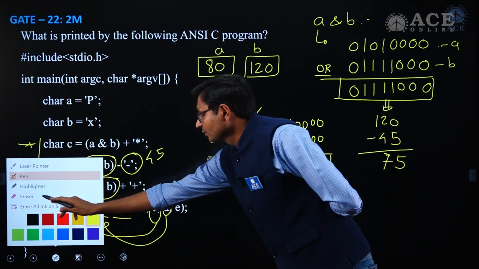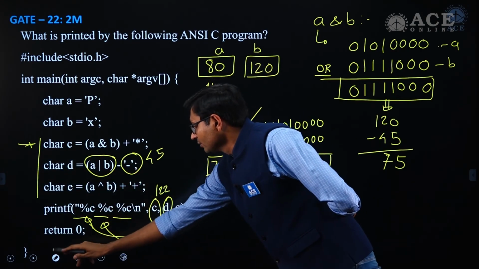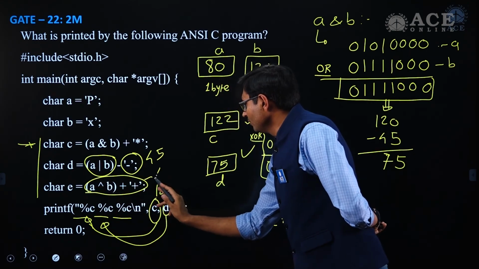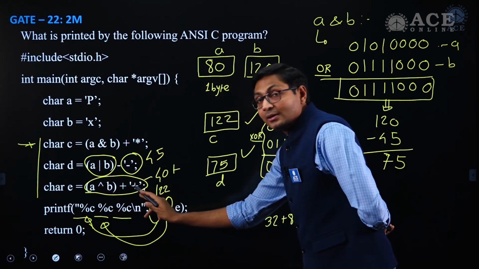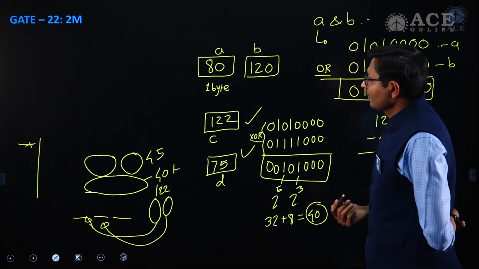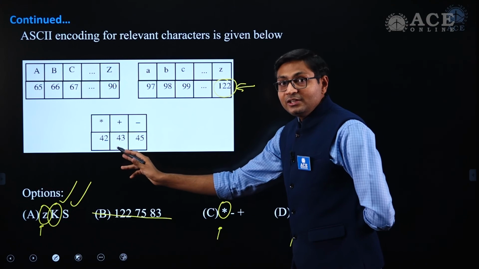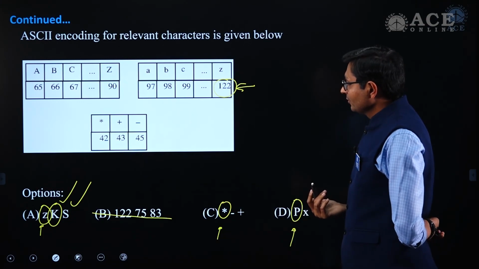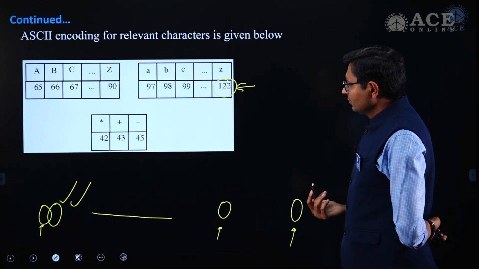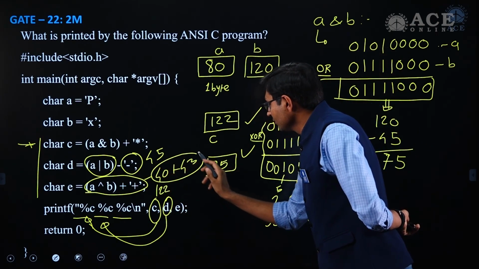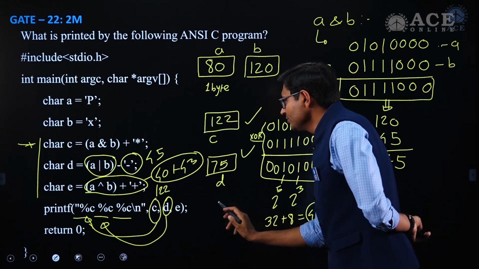Let me just write here. So this expression becomes 40 plus, what is the plus ASCII value? 43. Plus 43. How much will it be?